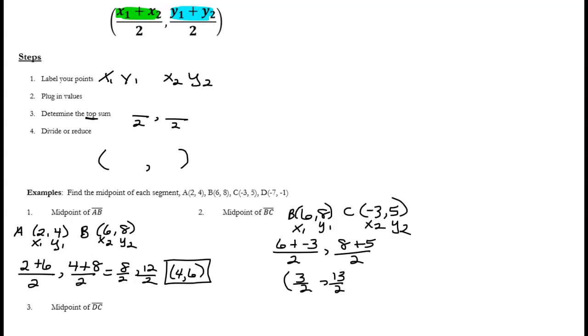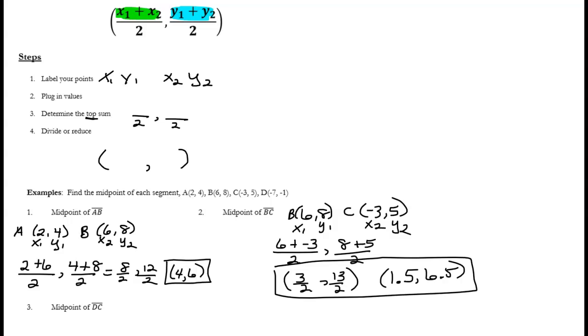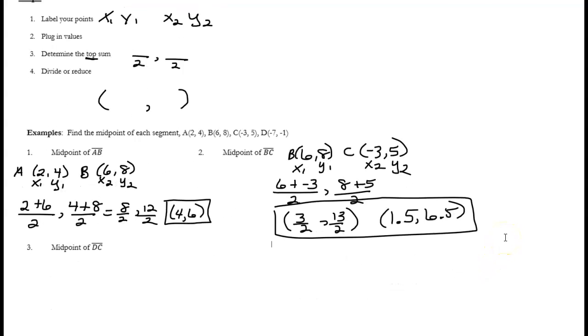So you can actually leave the answers like this, but if you prefer to see decimals, you can also do 3 divided by 2, which is 1.5, and 13 divided by 2, which is 6.5. I will accept either of those answers. It just depends on what you want to do. And again, I couldn't actually reduce the fraction, so I can simplify by making them decimals.